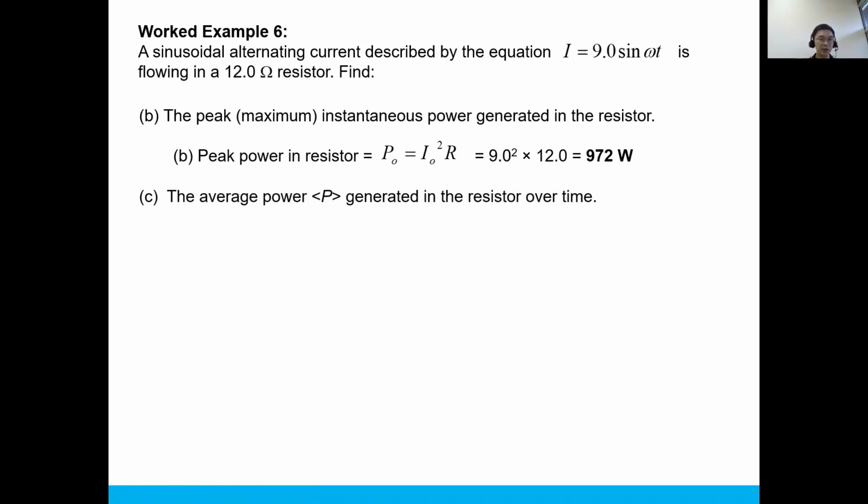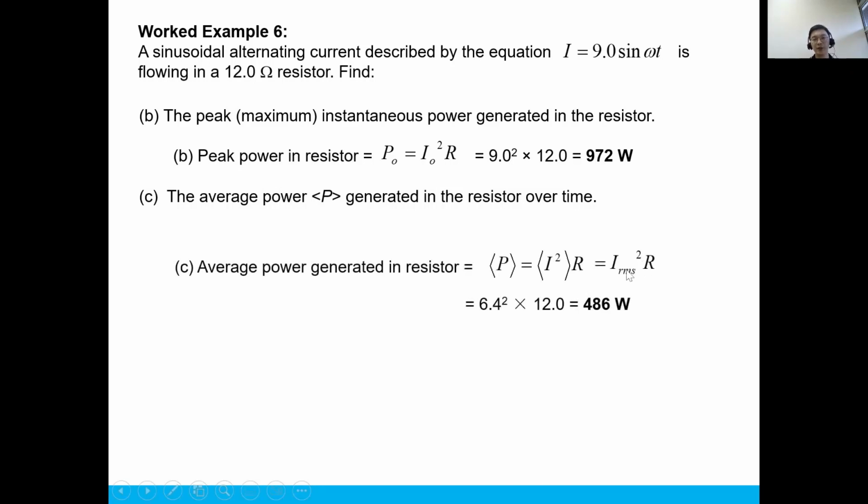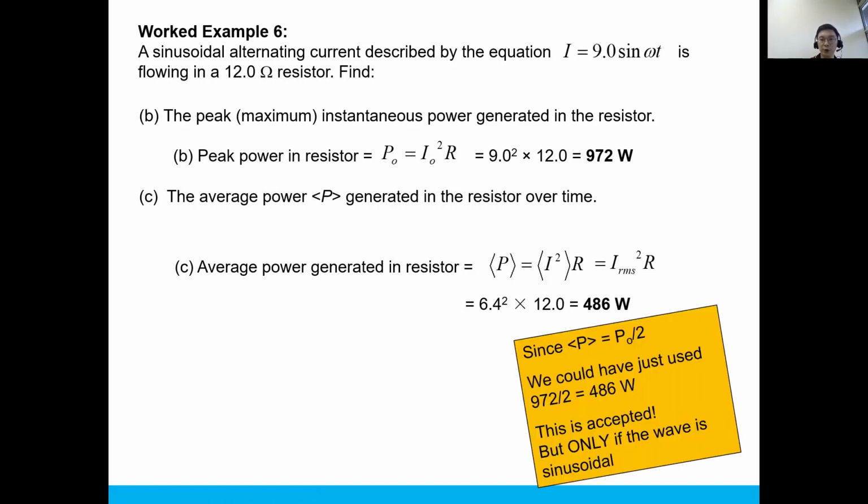Average power P is root mean square current squared times R. We have found the root mean square current in the previous part as 6.4. So you take 6.4 squared times 12, and you get 486 watts. I set this example to show you that for a sinusoidal current, the average power is always half of the peak value.